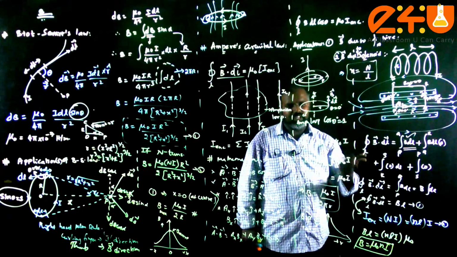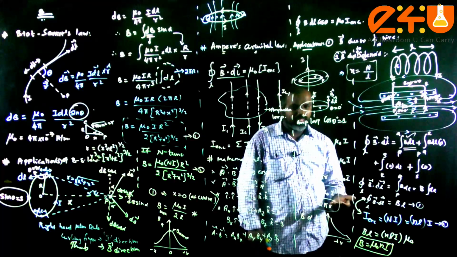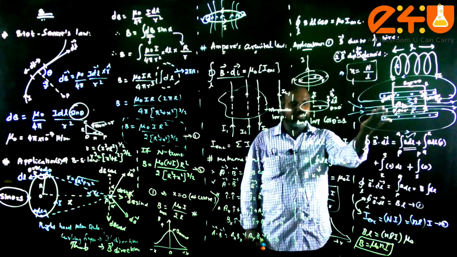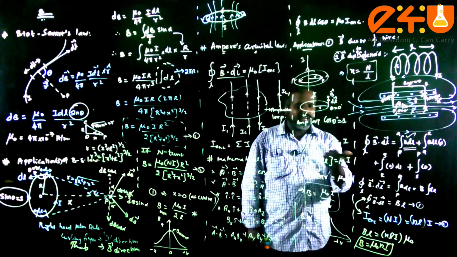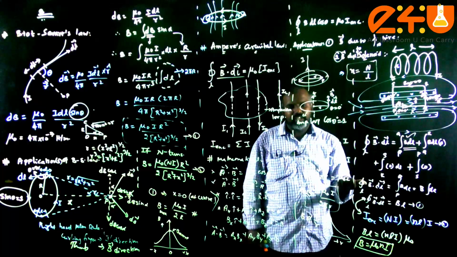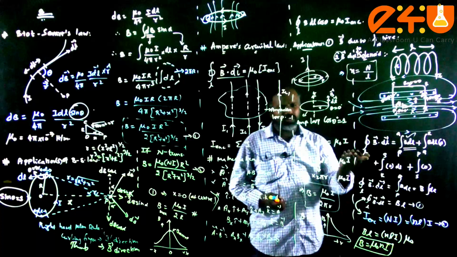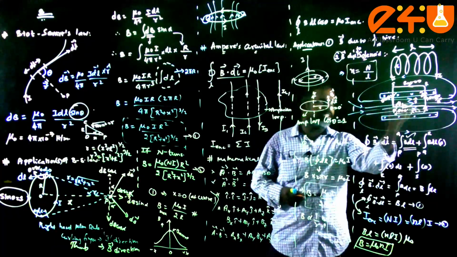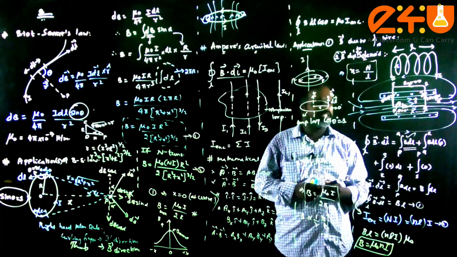Again, how to find the direction of the magnetic field? As we said in the case of the circular loop, you just apply the right hand palm rule. Hold the solenoid in the right hand, the fingers give the direction of the current flow, and the thumb gives the direction of the magnetic field. Here, since we put this as the outward direction, the magnetic field is going along this direction.